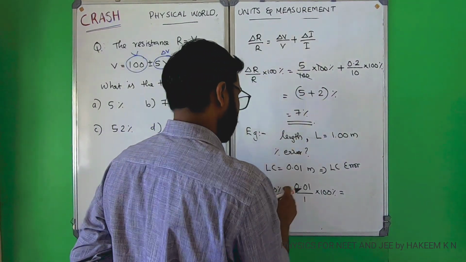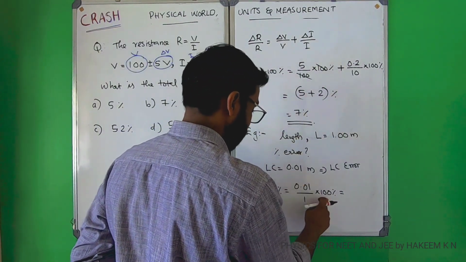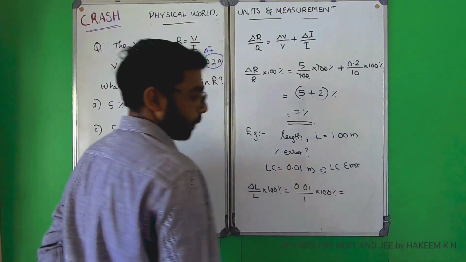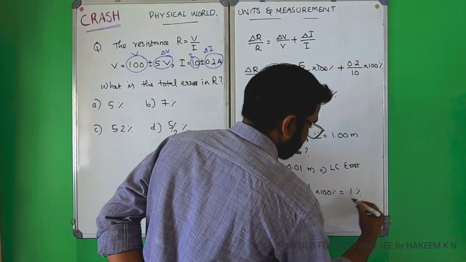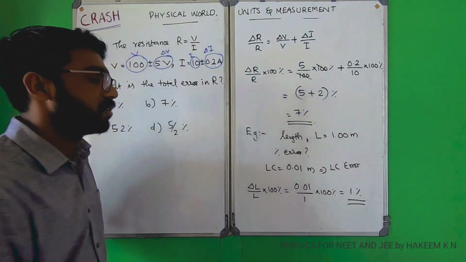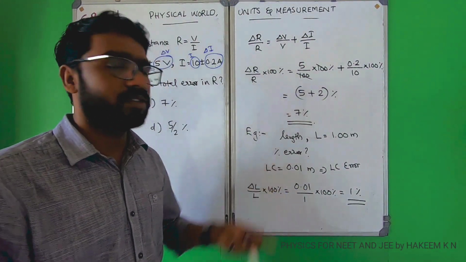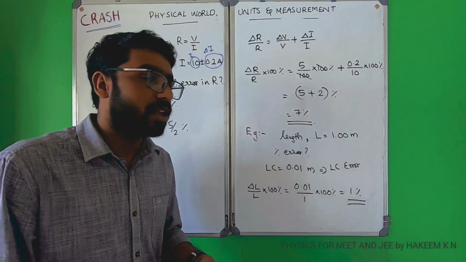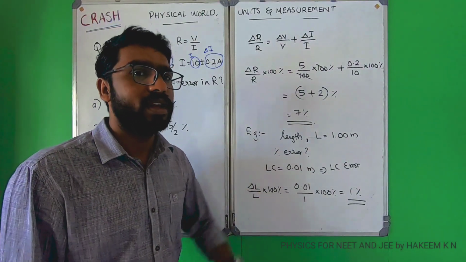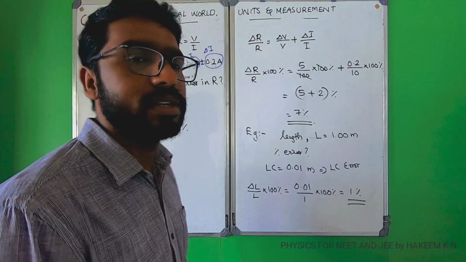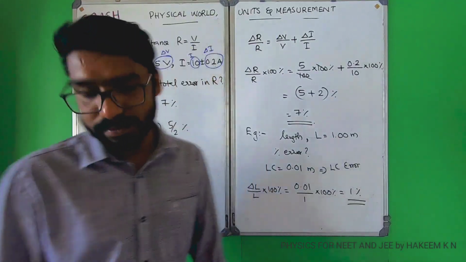So 0.01 into 100 by 1, 1%. 1% is the percentage error in length here. If errors are not directly given, then we have to consider the least count error.